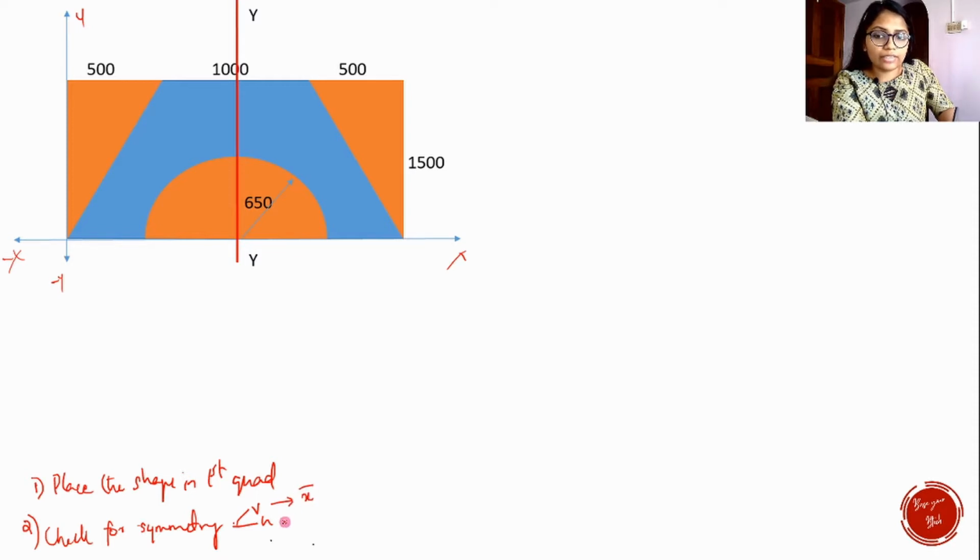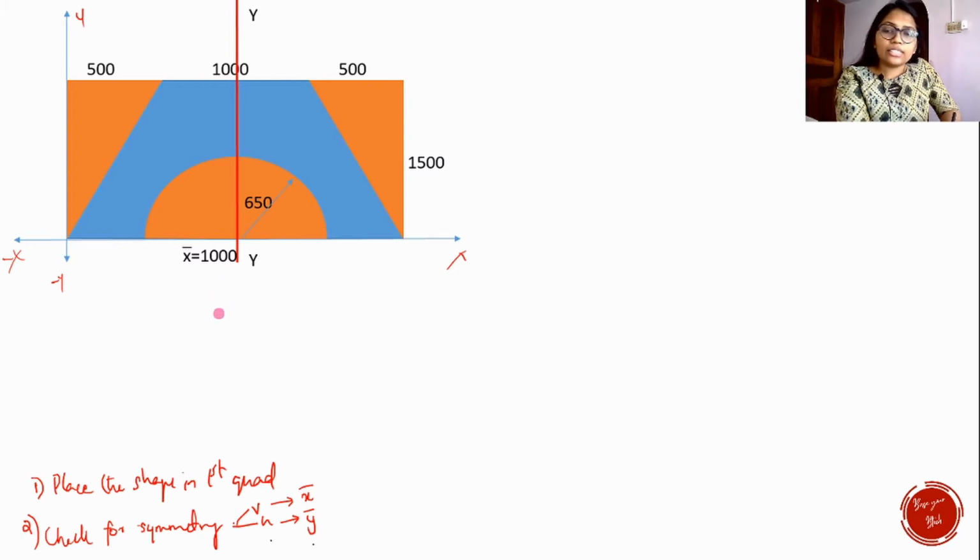When it is a horizontal symmetry, then y bar lies on it. So x bar is the x coordinate of our centroid, and that is going to be 1000. Why? Because the total length of the rectangle is 500 plus 1000 plus 500, which is 2000. 2000 divided by 2 is 1000. So it does exist on the y axis. So the x coordinate of our centroid is x bar, which is 1000.